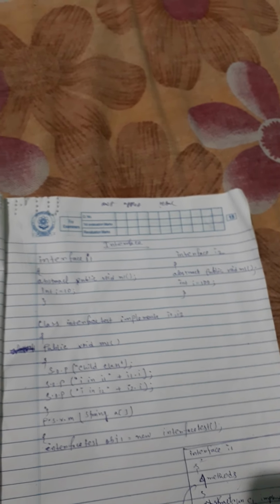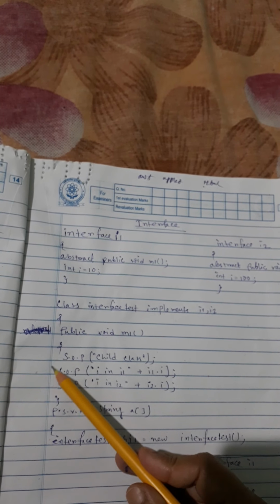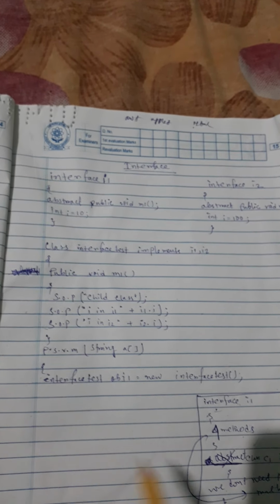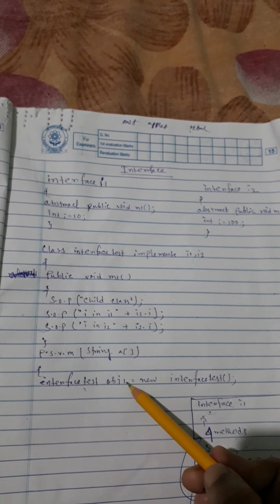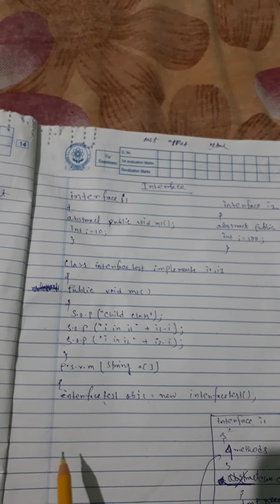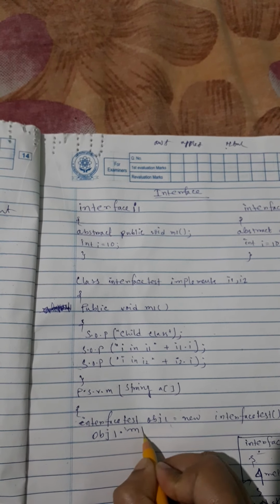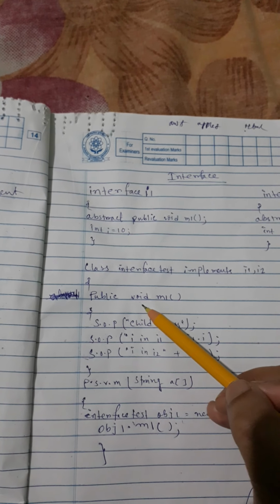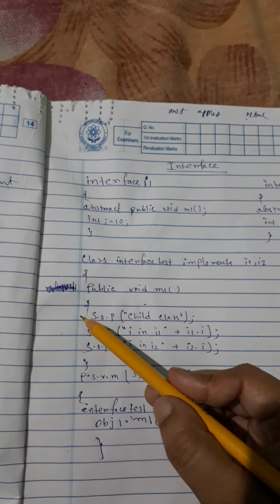Only one method should be there, and within the method you can see the definition is present. Suppose this class has an object obj1, and using obj1, m1 will be called. So m1 will be found in this class, and three outputs are there.